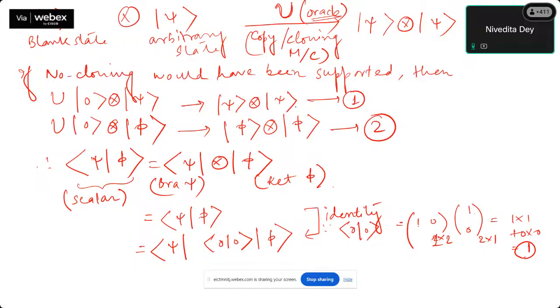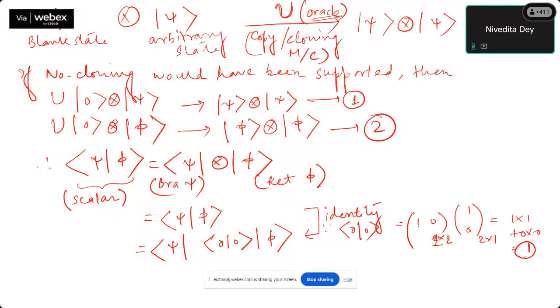So that means our printing machine is not universal. There is certain correlation between phi and psi. That is why we can see that either psi will be equal to phi. If these two separately exist, then also psi and phi, that means they are the same state. So that means even if you can do that for one state psi, it cannot do the same cloning for another state phi.